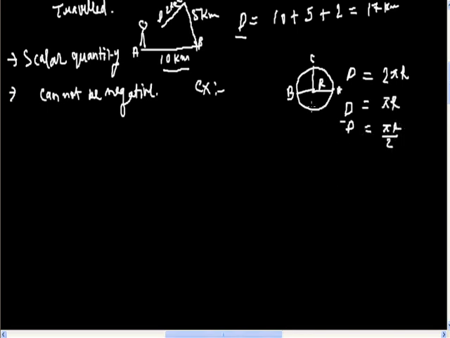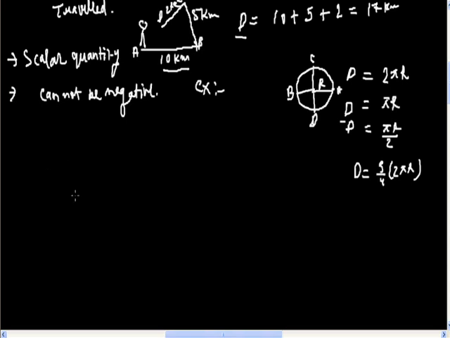Now somebody asks you the distance traveled in a 3/4 circle, that means A to D, then the distance becomes 3/4 of 2 pi r. Then we can calculate the distance. This is the meaning of distance.